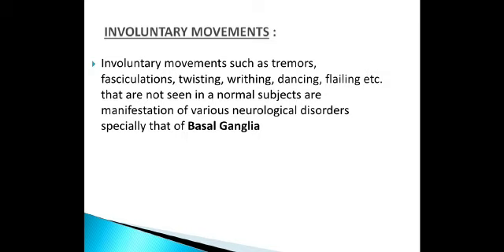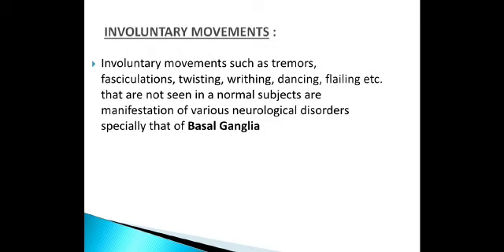So we can have different types. If it is extrapyramidal, it can be athetosis or chorea, whereas spasms can be tonic and clonic spasms, fibrillation and fasciculation. Fasciculation is contraction of a bundle of muscle fibers, whereas fibrillation is contraction of a single muscle fiber.